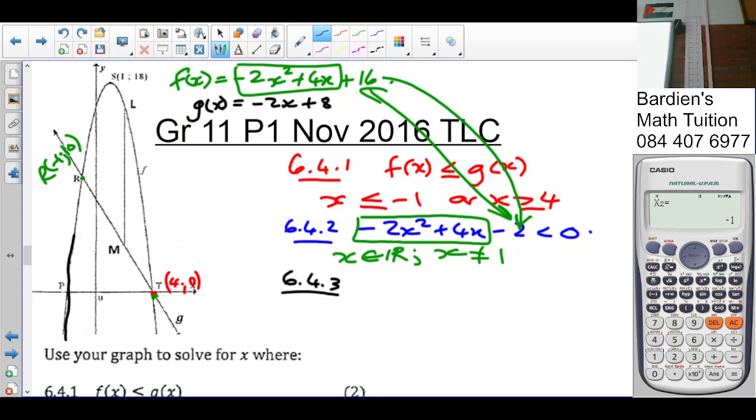For f, it's increasing. It's increasing till where? Till x is equal to 1. On the other side of 1, what do you notice? The graph is decreasing. Can you see that? So in other words, the graph is increasing for x is less than 1. At 1 it is neither increasing nor decreasing. It's a turning point. Okay.